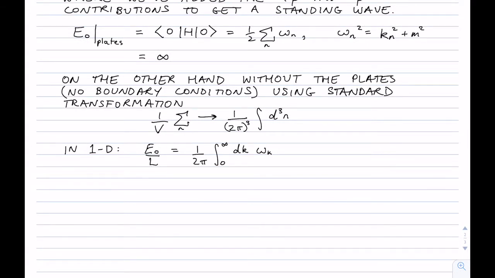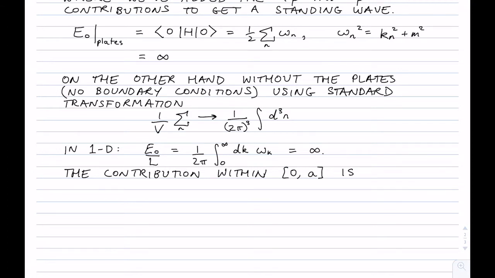And again, this is infinite. In fact, I shouldn't say between the plates. I just say the contribution within the region 0 to A, because the plates aren't there in this case. We're in the without the plates case.